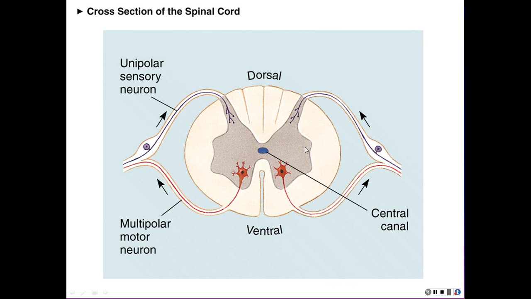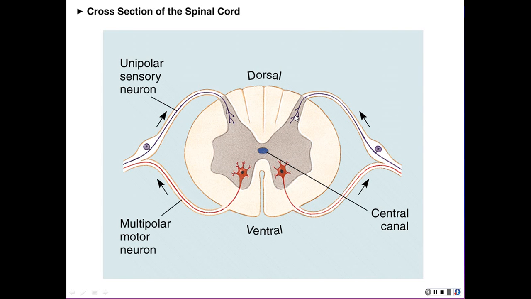So here's the butterfly shape, the dorsal and ventral side. Note that the nerve cell bodies for the afferent nerves that are bringing sensory information into the brain are located outside the spinal cord in a ganglion. Okay, that's the nerve cell body, and then this is the end of the axon coming in to synapse on another axon in the spinal cord.